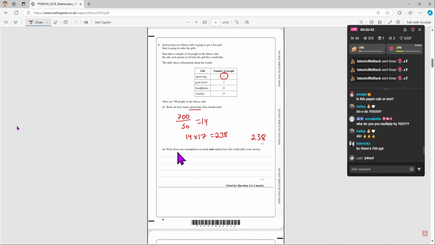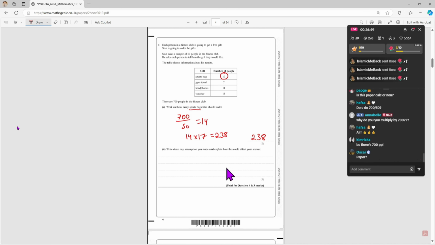Now it says, write down any assumptions you made and explain how this can affect your answer. This is paper 2, calculator, higher.